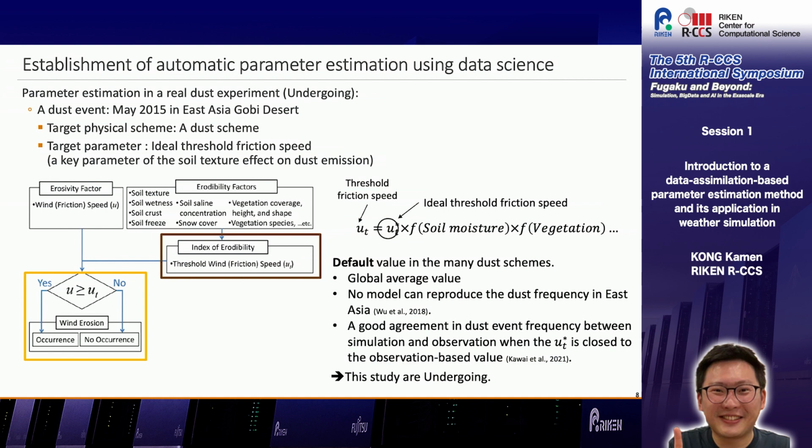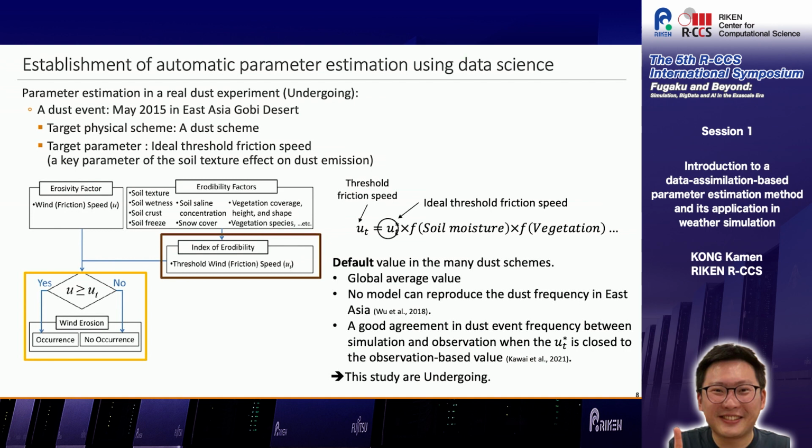the dust emission. This parameter has a default value in many dust schemes, and this default value is calculated by the global average. Previous studies also show that this kind of global average value cannot reproduce the dust frequency in East Asia.